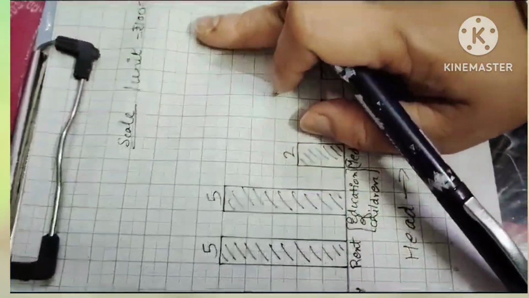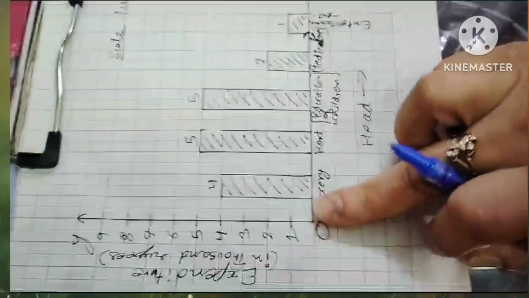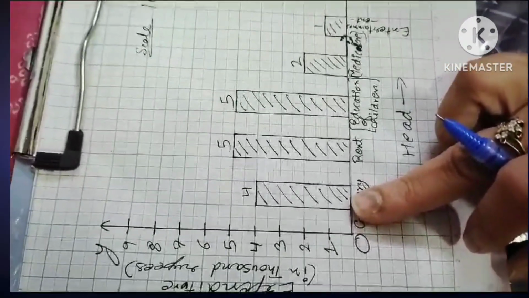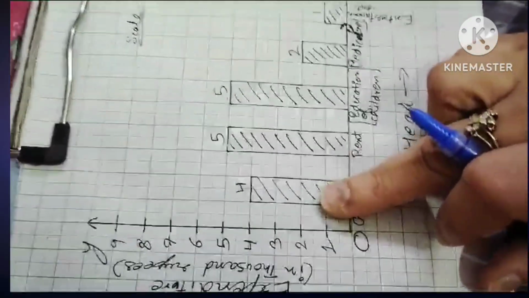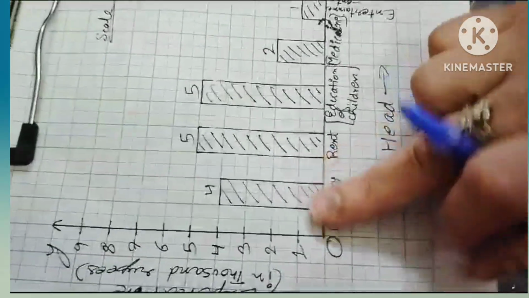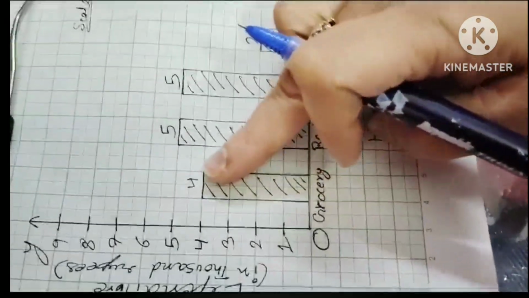We can choose this scale: 1 unit is equal to 1000 rupees. To represent our first head, that means grocery, we draw a rectangular bar. This is called a rectangular bar with width. This width is 1 unit and height is 4 units.